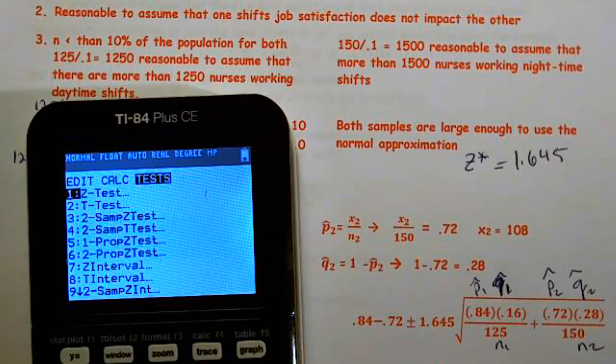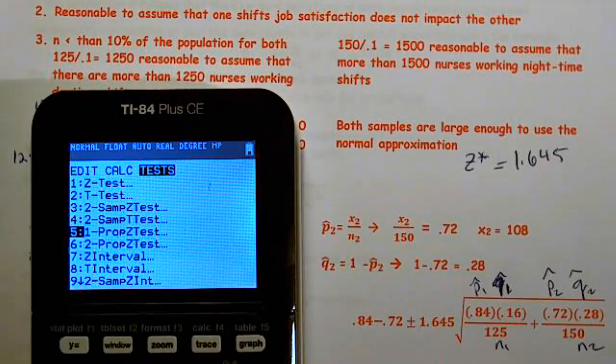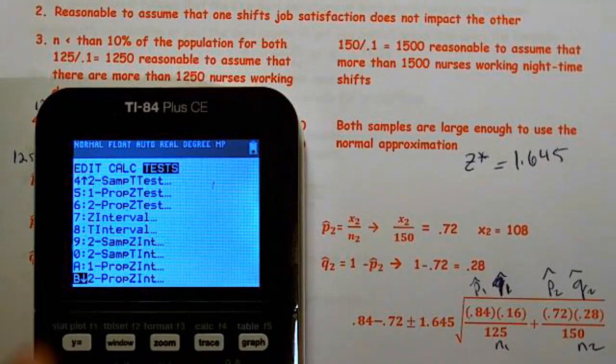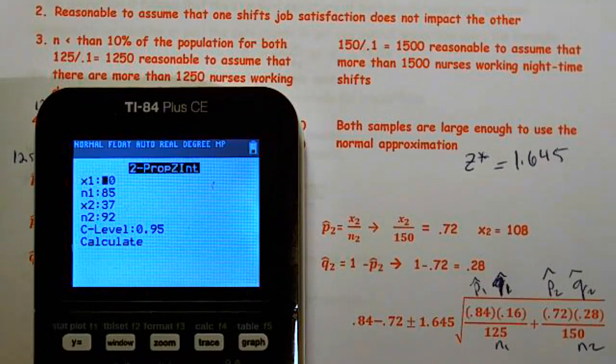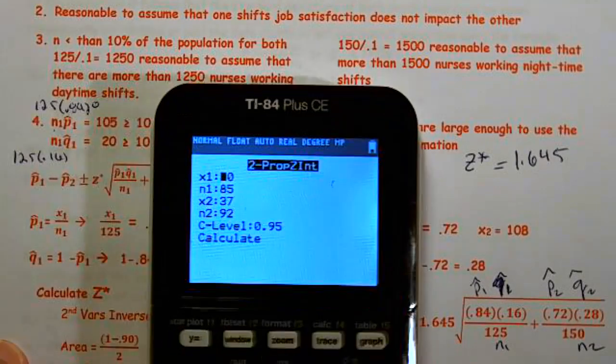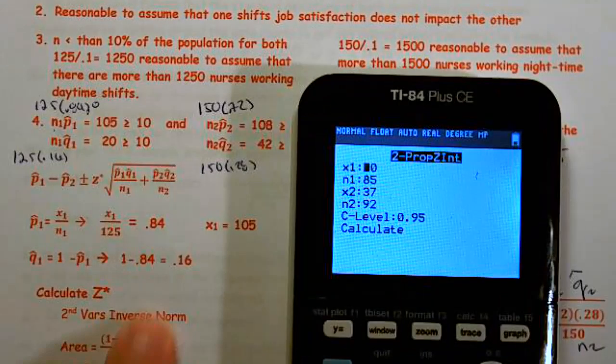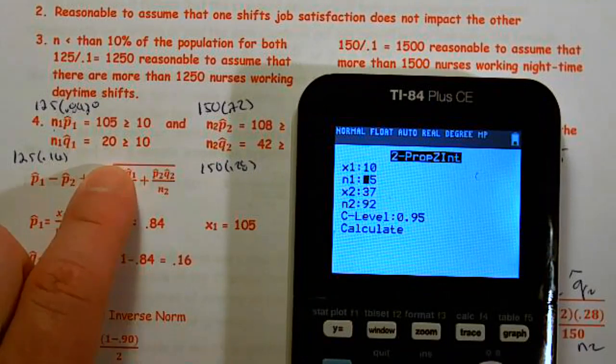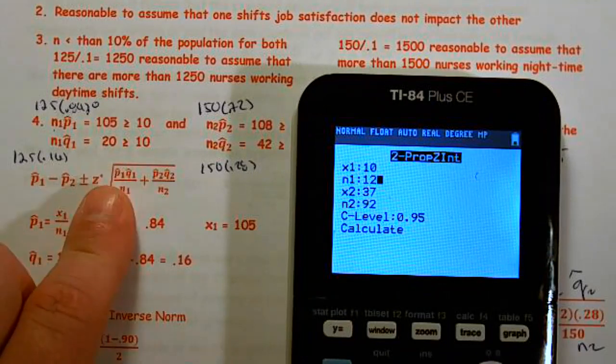Stat test 2 proportion Z interval, letter B, and we had an X value. And remember, our X and N's must always be whole numbers. If they're not, you're going to have to round them. So X was 105 and N was 125.